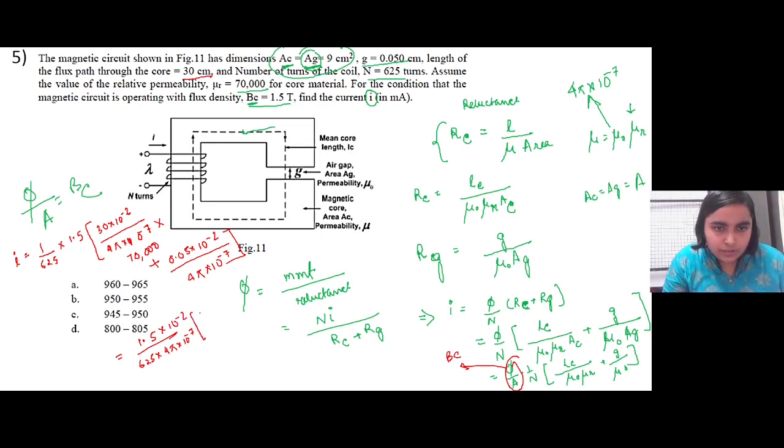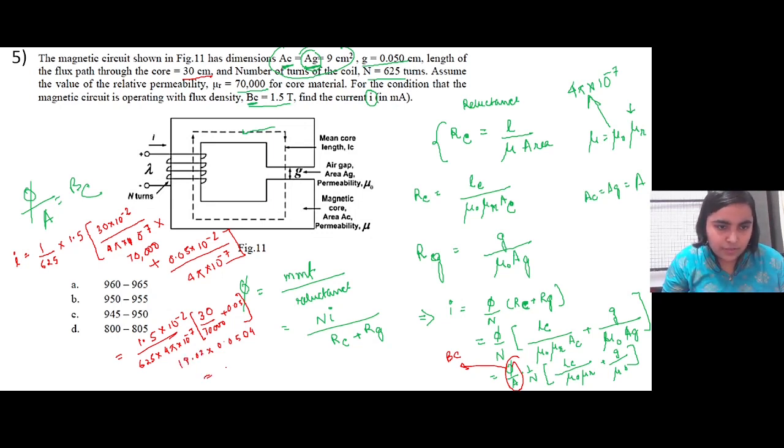This will be 30 by 70,000 plus 0.05, that is 30 by 70.05, into 10 to the power minus 2, over 625 into 4 pi. That gives 0.96311, so that is 960 milliamps.